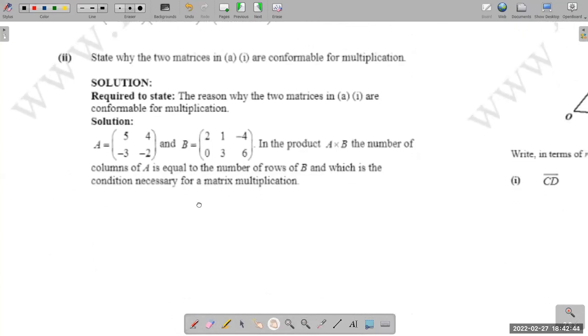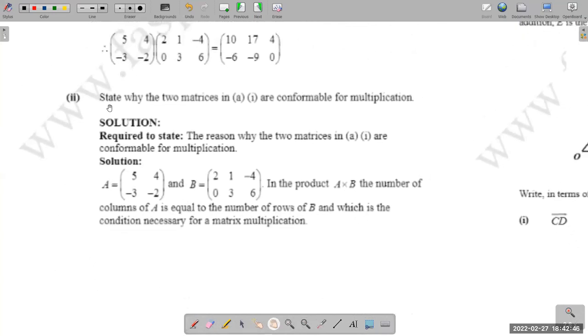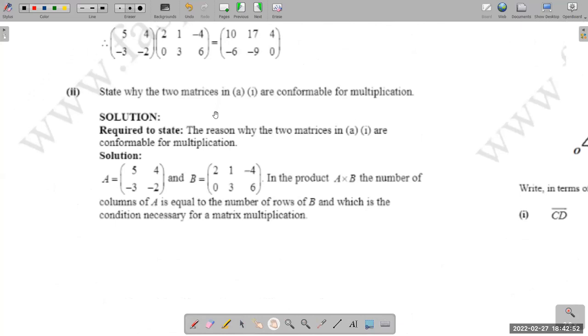All right. Love this next question. State why the two matrices in A1 are compatible for multiplication. This is what we just talked about all the time. What is the condition? What is the rule that allows you to multiply two matrices? The column in the first one and the row in the second one, they got to be matching.